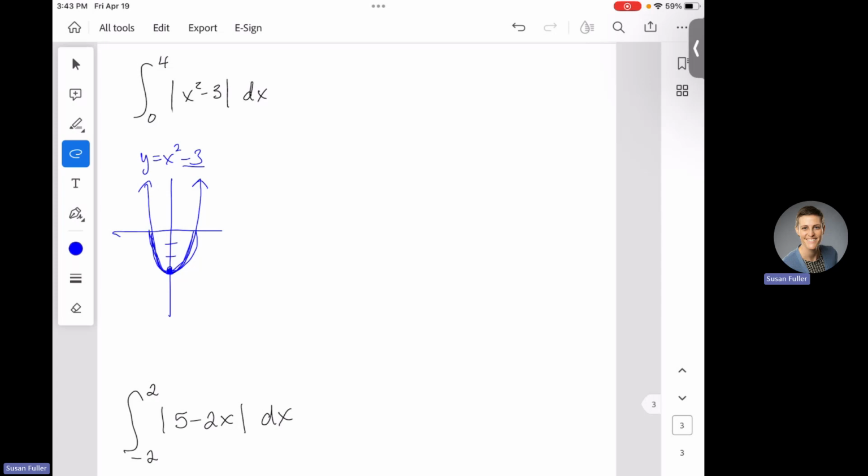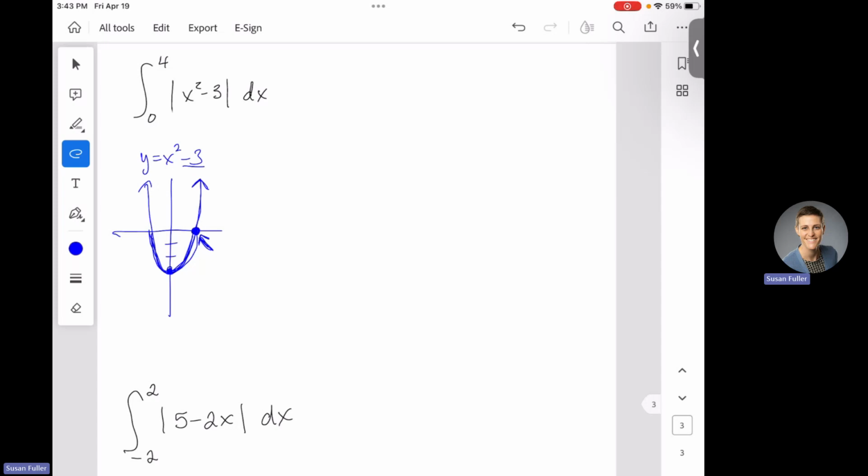So I know that I'm negative from 0 to whatever this point is, and then I'm positive after that. So I have to figure out what that point is. Your x-intercepts here, where y equals 0, are going to be these points where you switch from positive to negative. These are going to end up being the places where we have to split our integral into pieces.